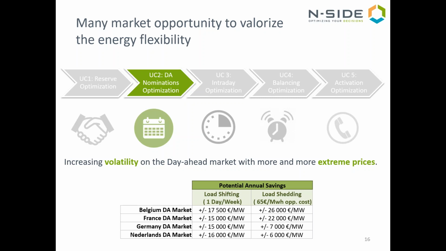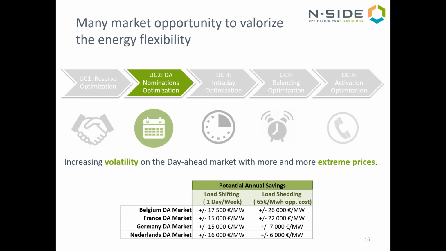So if I have a process like my raw mill or my cement mill, I will be able to shift between 10 to 15 megawatt. So I can multiply these potential savings by 10 or 15. So it becomes quite interesting.